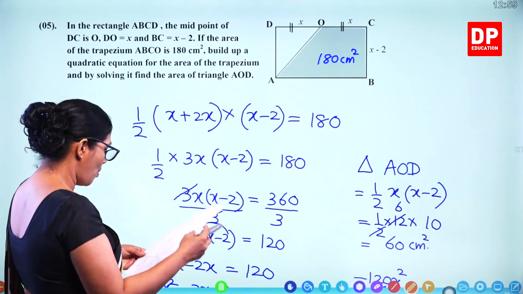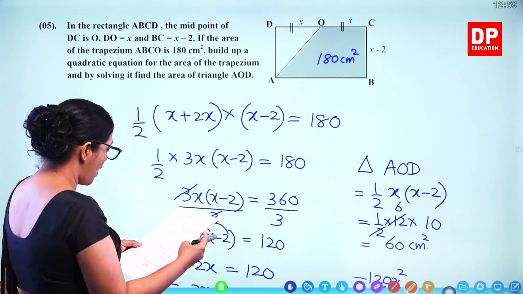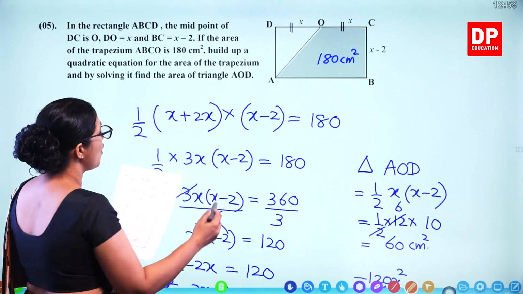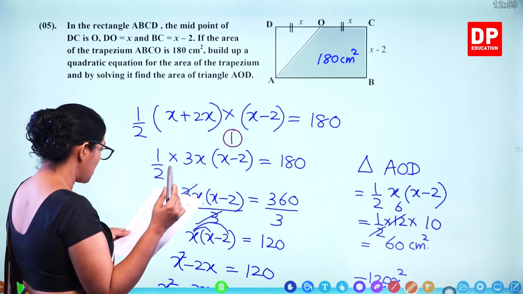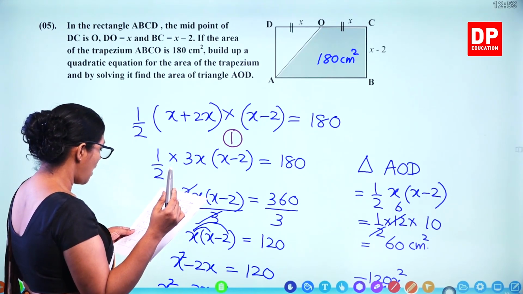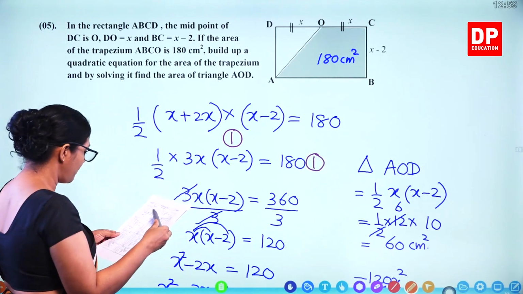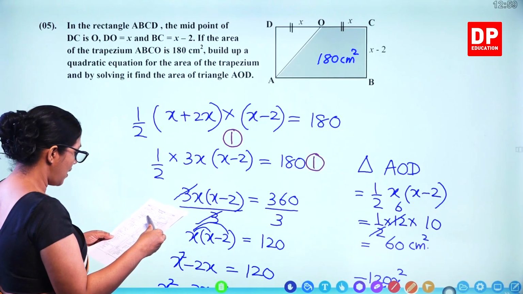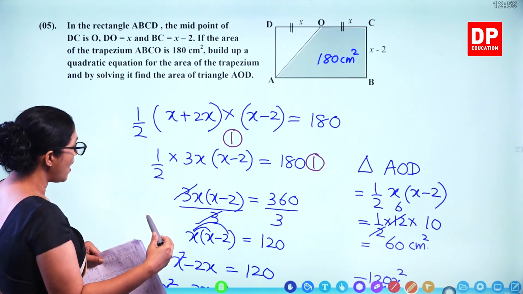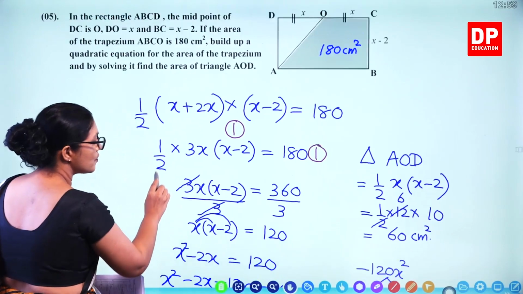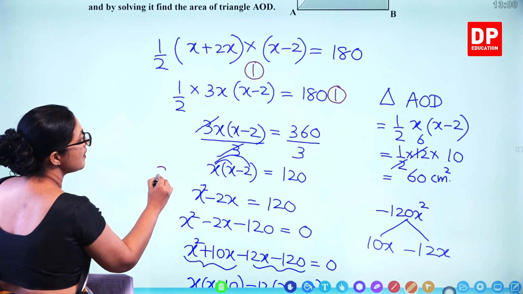Let's see how we can divide the marks. We can give 1 mark for writing down the equation here, and another 1 mark for this one. And then multiply by 3 here. Everything up to this point, another 2 marks I can give. So up to this point, creating the quadratic equation, I can give 2 marks.